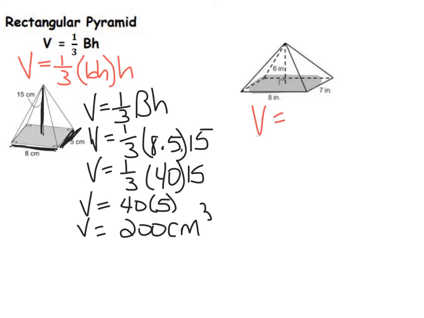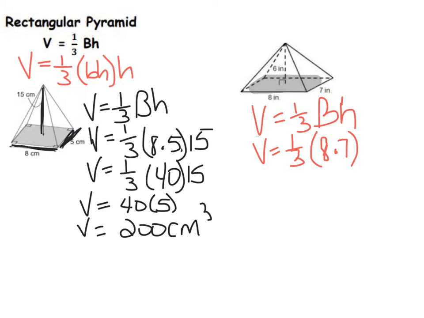Volume equals 1/3 of the area of the base times the height of the prism. So 1/3, what is the base and height of the triangle? I mean of the rectangle, sorry. 8 times 7. And the height of the pyramid is 6.